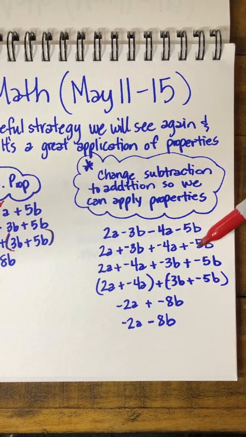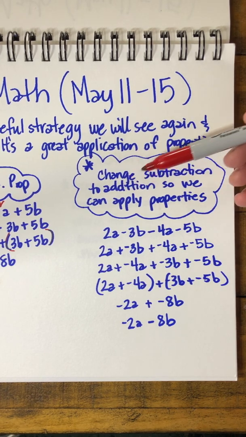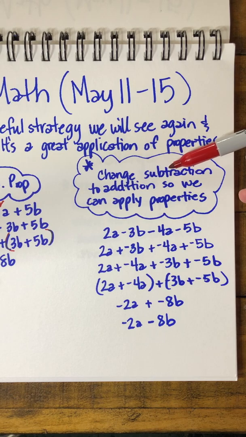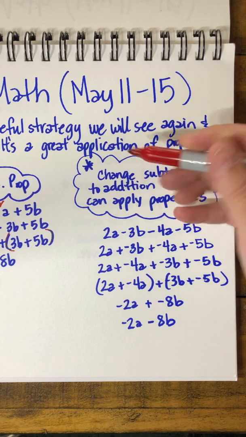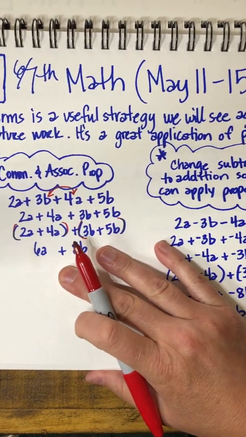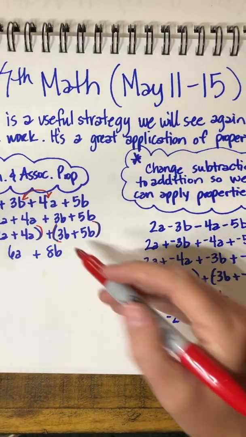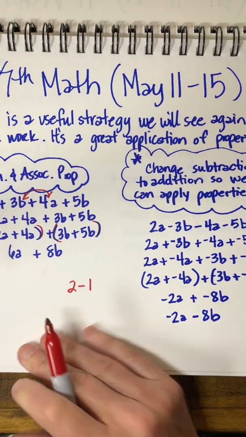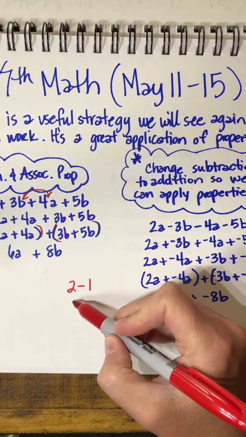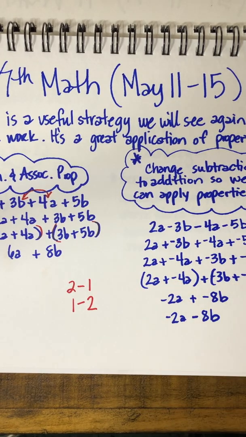This is something you're probably still working on, maybe struggling a little bit with. It's this idea that we can change subtraction to addition so that we can apply these properties. Remember, only addition and multiplication are commutative. Subtraction is not commutative. What I mean is if we have a problem like 2 minus 1, we can't just say that that's equal to 1 minus 2.